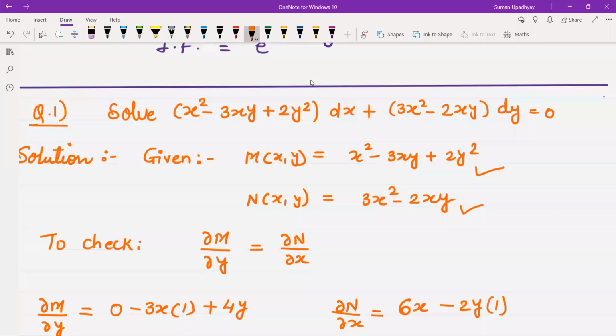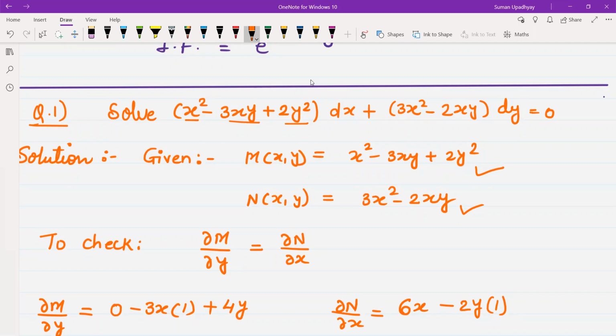First rule. Why is it fitting in the first rule? Because both M and N are homogeneous. You can see that in each term of the function M there are 3 terms: x square, 3xy and 2y square, and each term is of degree 2. x square is of degree 2; in xy, x has degree 1 and y has degree 1, so 1 plus 1 becomes 2; 2y square is also degree 2.